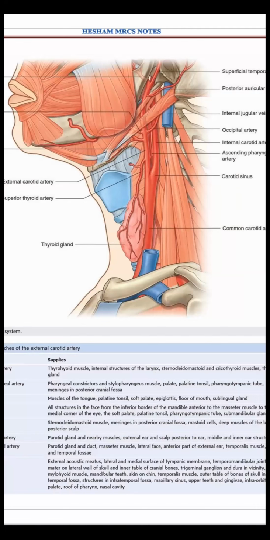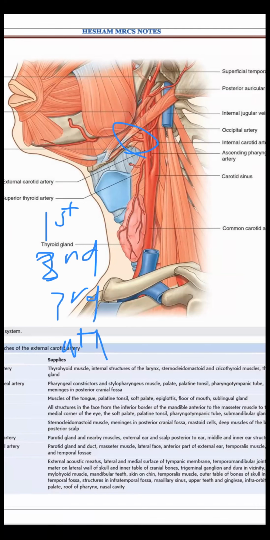This one, I will try to make it blue. This is the lingual artery, which is arising from the front of the external carotid. It is divided into 4 parts: first, second, third, and fourth.